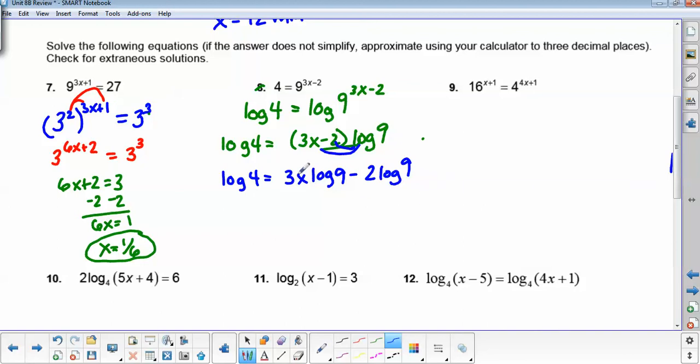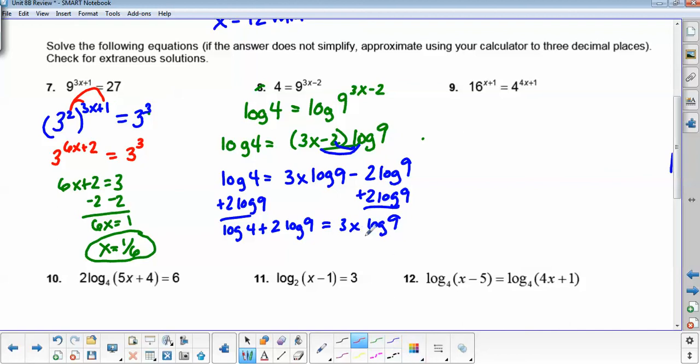Okay, so then we need to get the x by itself, so I'm going to add 2 log 9 to both sides. So I have log 4 plus 2 log 9 equals 3x log 9. And then finally, you need to get the x by itself, so you're going to divide by 3 log 9.